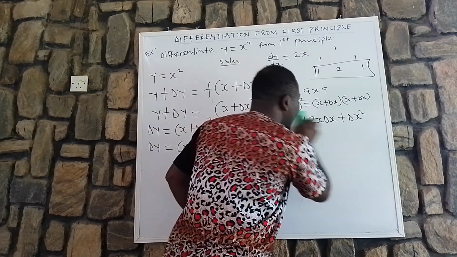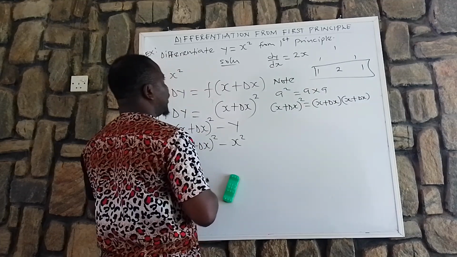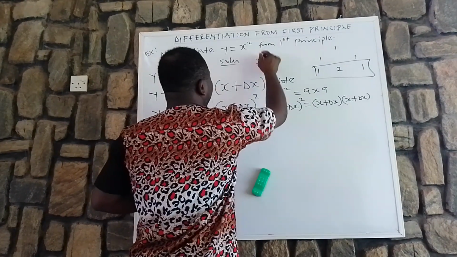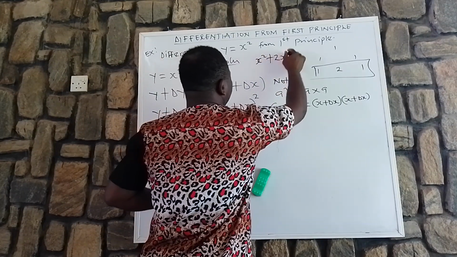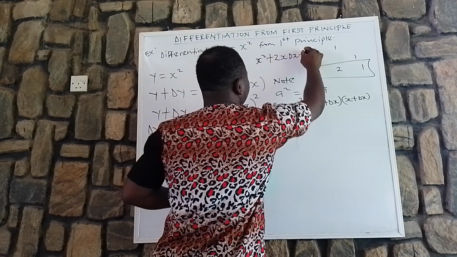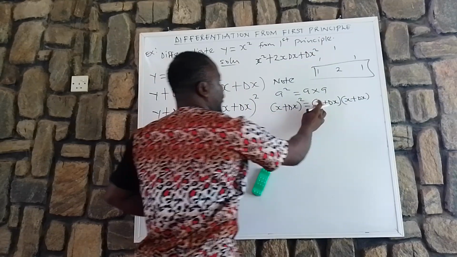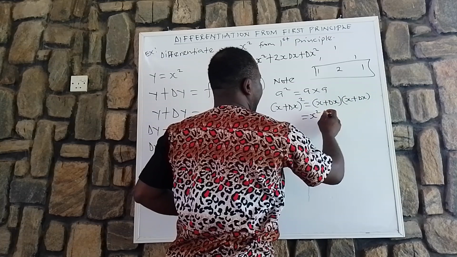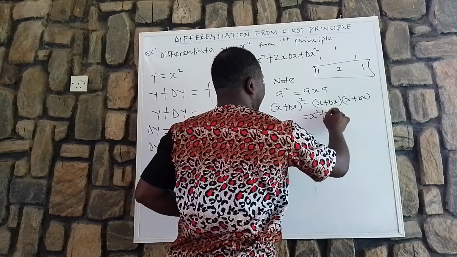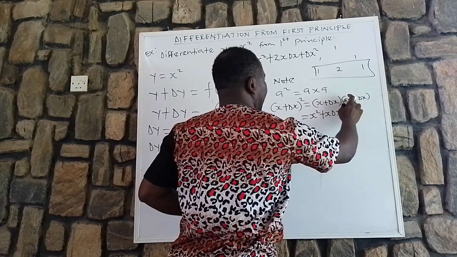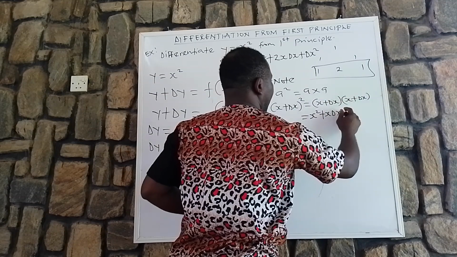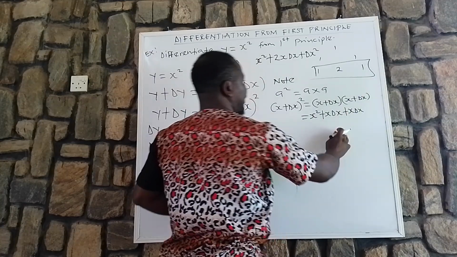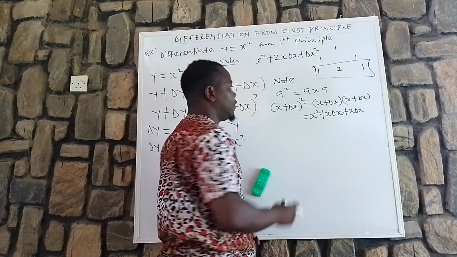So this will give you, let me just write out the answer: 1, 2, 1. This is x squared plus 2x dx plus dx squared. Okay, let's multiply. x times x gives us x squared. x times dx gives us plus x dx. Then dx times x will still give us x dx, multiplication is commutative.